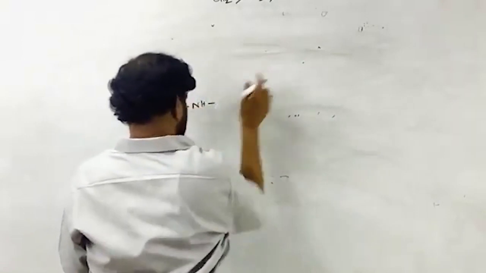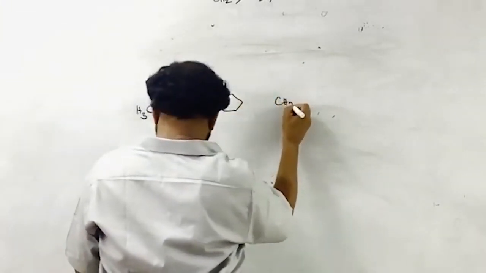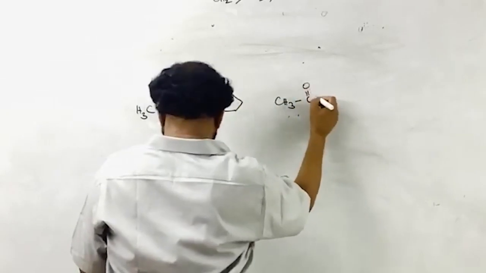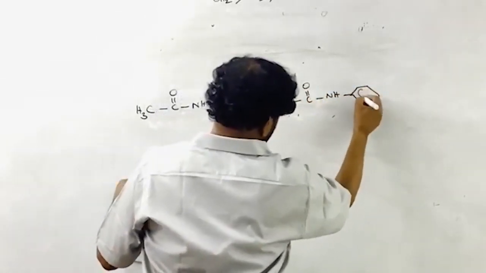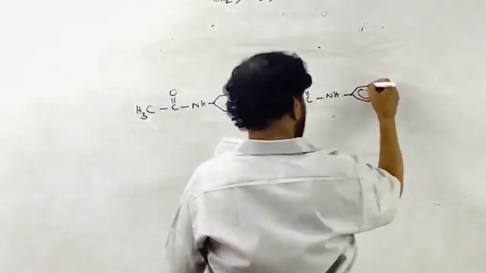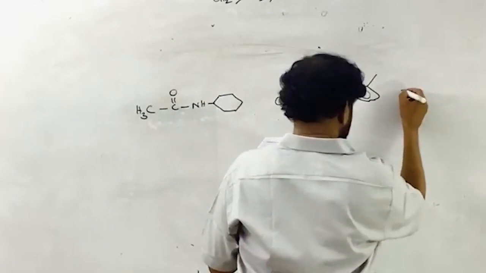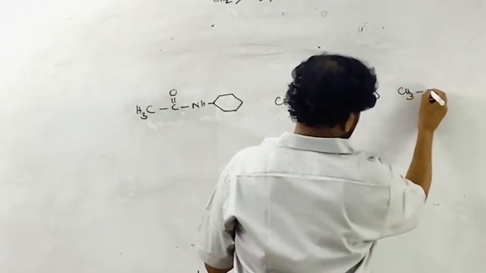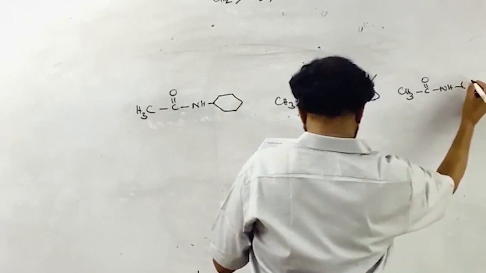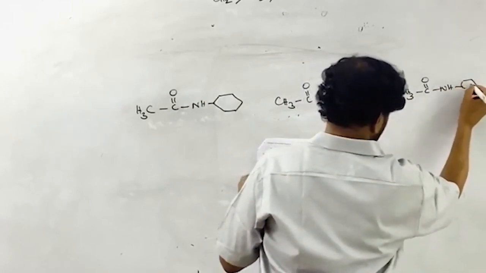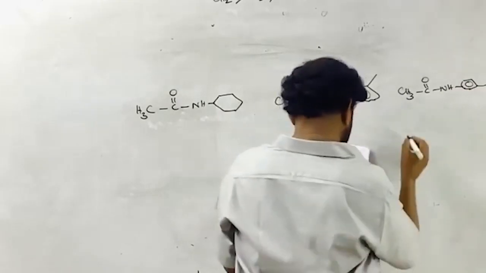This is CH3, C double bond O, NH, attached to benzene. Then CH3, C double bond O, NH, attached to benzene with a methyl ring activating group at the para position.